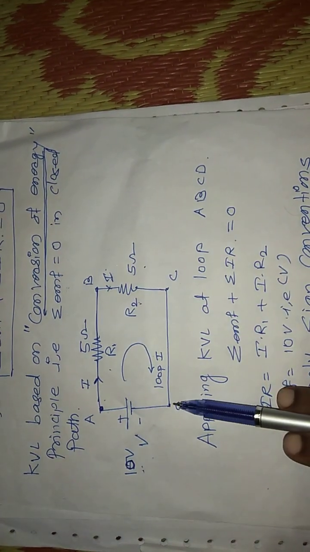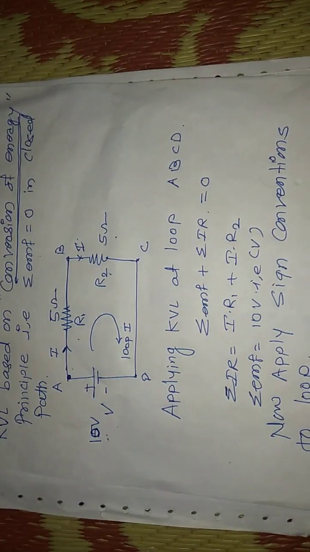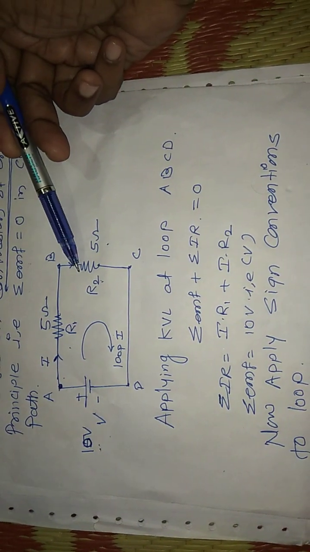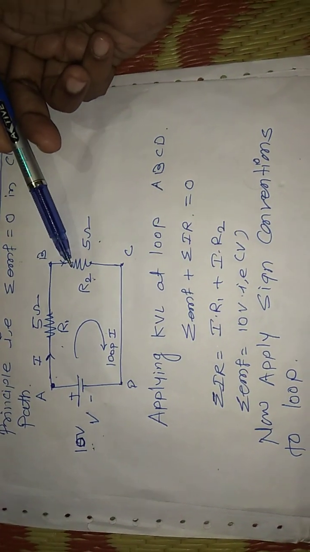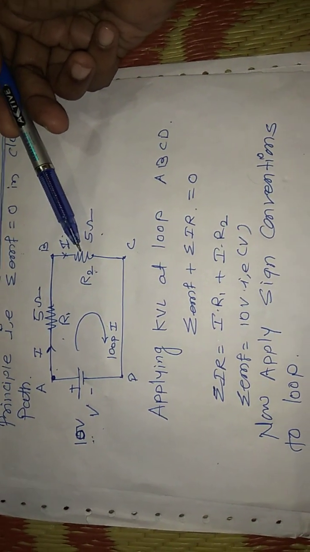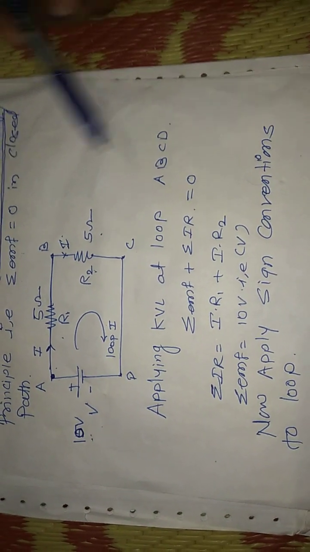So in any closed loop, for example, we are going to mark the particular points A, B, C, D. Now we are going to apply Kirchhoff's voltage law to the loop. Before applying it, we must know some sign conventions and the basic statement of KVL. Before applying KVL to loop ABCD, there is one closed path.